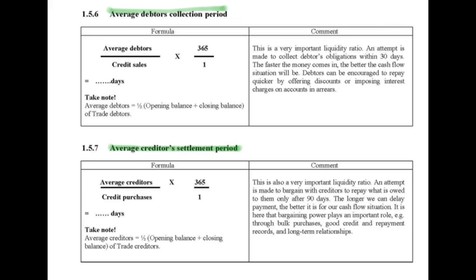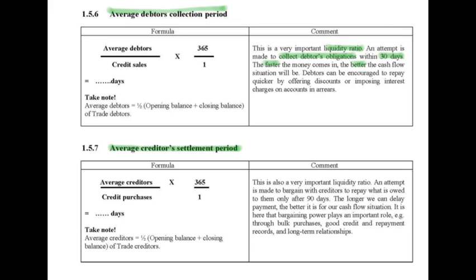So if you found that there is a problem, this is a very important liquidity ratio. An attempt made to collect debtors' obligations should be within 30 days. The faster the money comes in, the better it is for the cash flow situation of the company.